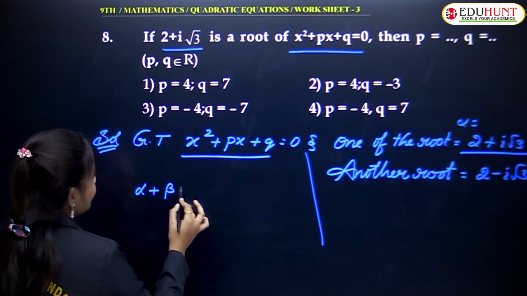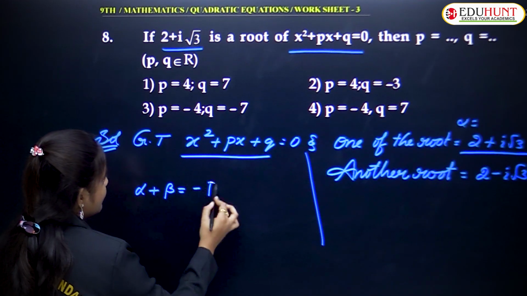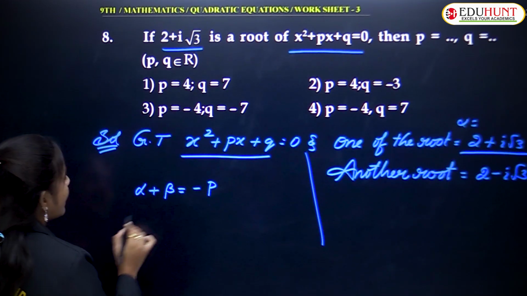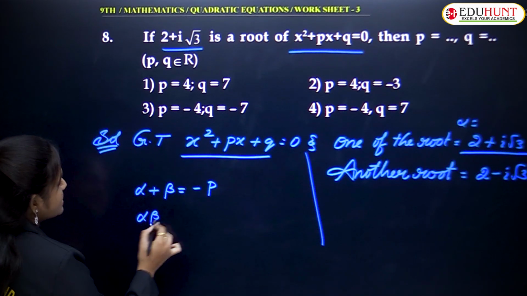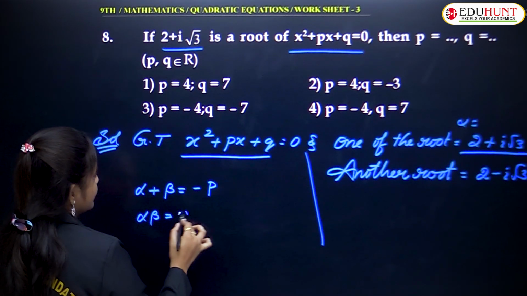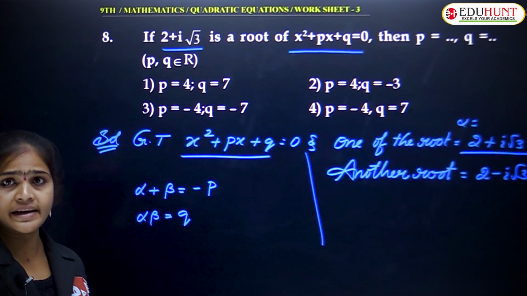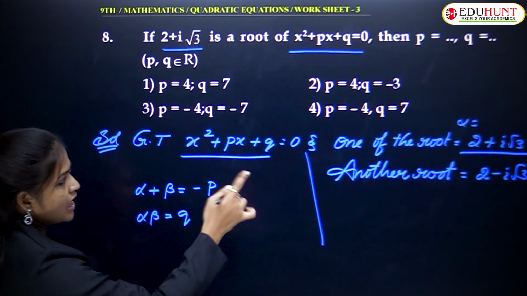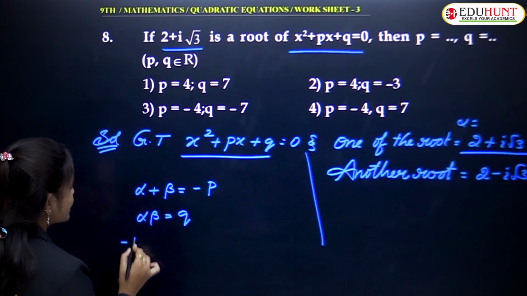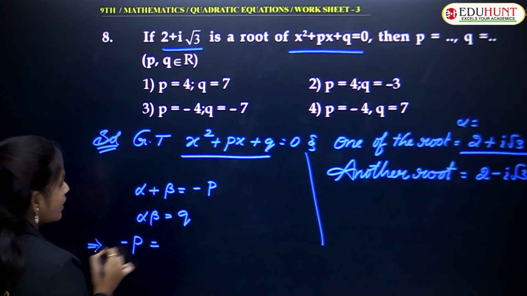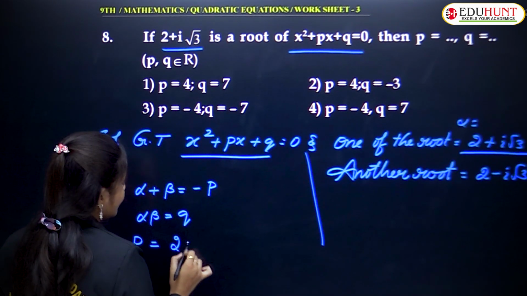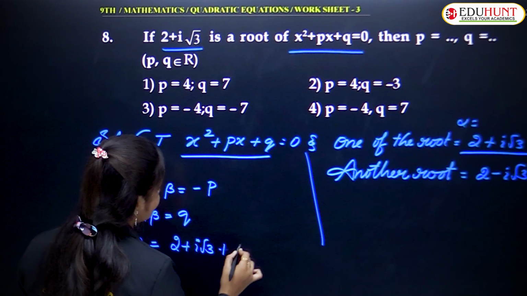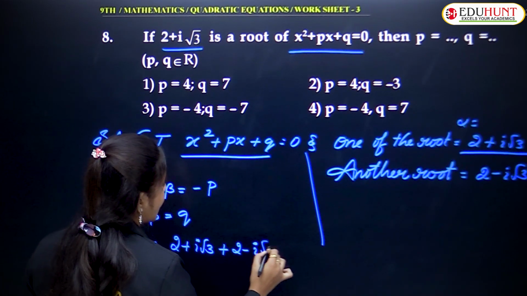Here alpha plus beta is equal to minus p, and alpha beta is equal to q by 1, which means q. Understand? So alpha plus beta, that is minus p, is equal to 2 plus i root 3 plus 2 minus i root 3.